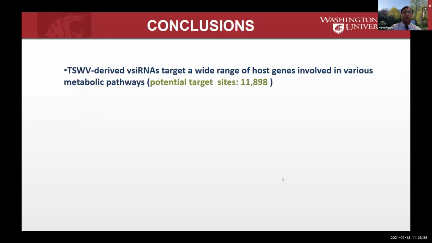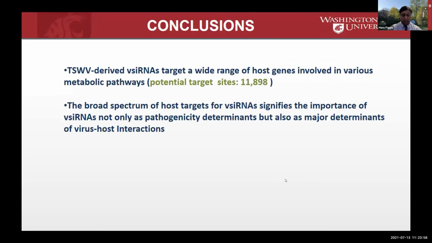So very quickly, the take-home message is that we have a better idea about how TSW small RNAs are targeting what kind of pathways in the host genome, either upregulating or downregulating, depending on the genotype, the genetic background, resistant versus susceptible varieties.